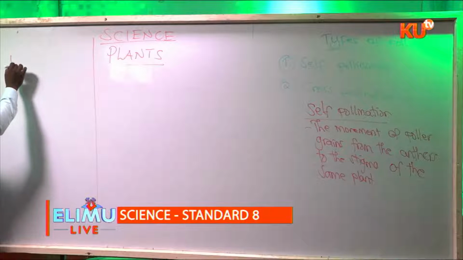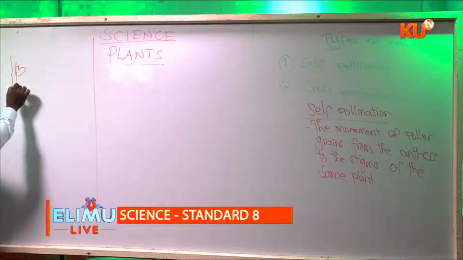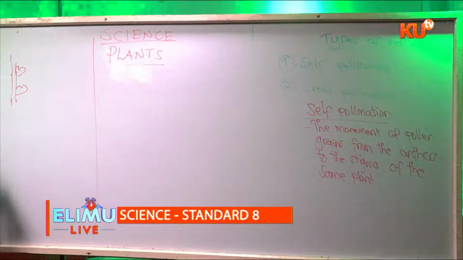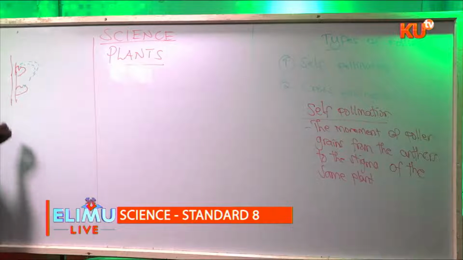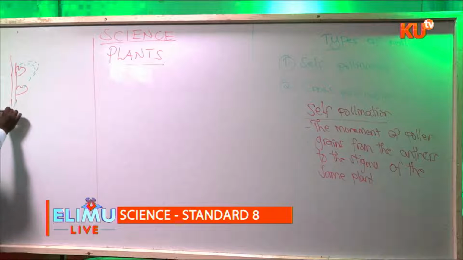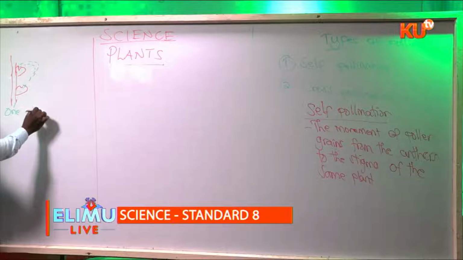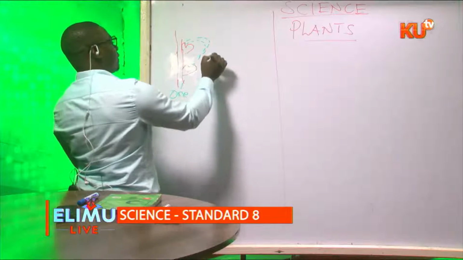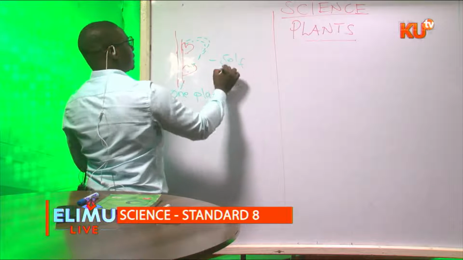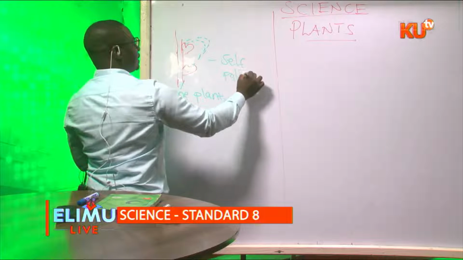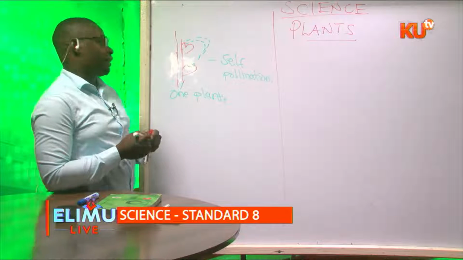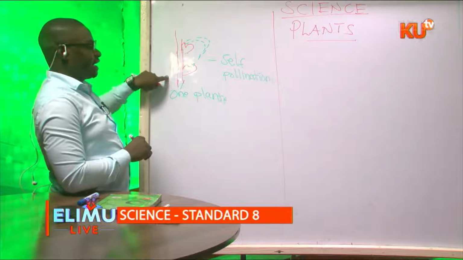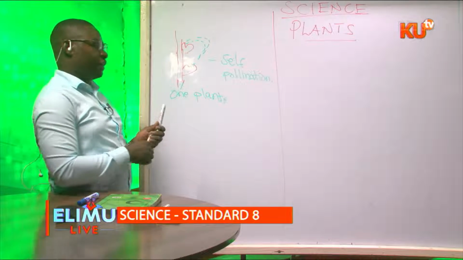That is a flower, and it must show movement of pollen grains from the anthers to the stigma. If you look at it, this is just one plant. So this is what we call self-pollination. It can either be one flower or different flowers, but the idea is one specific plant.